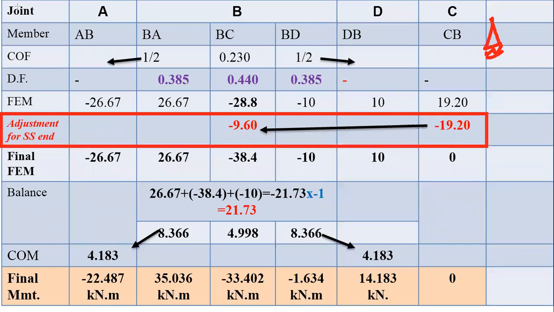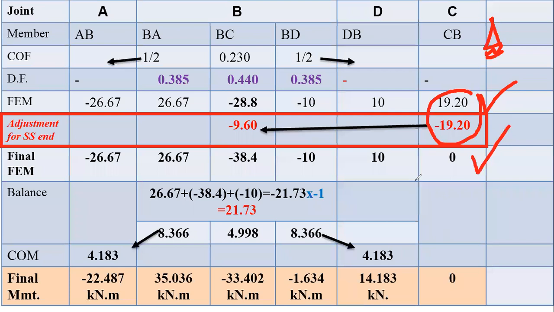That's why M bar CB is plus 19.20. We have to make this moment 0, so we have to add minus 19.20 to this M bar CB. If you add this, the moment will be 0.